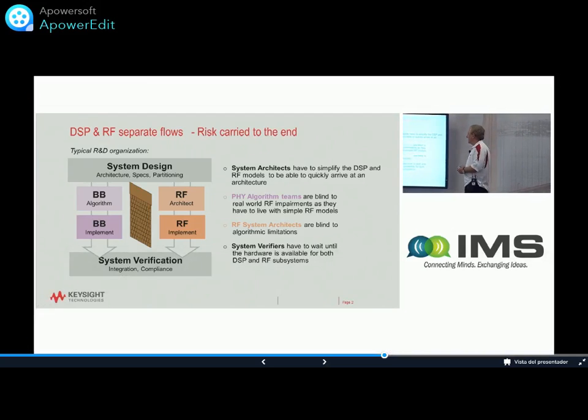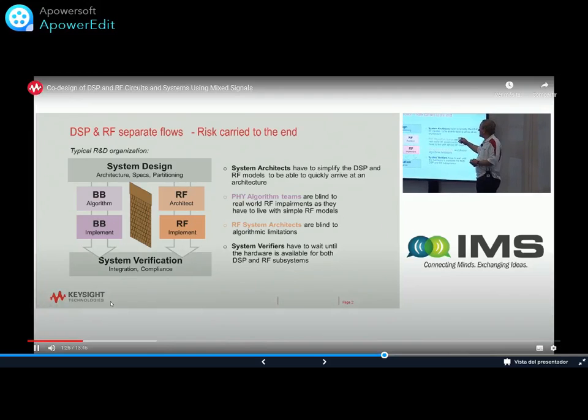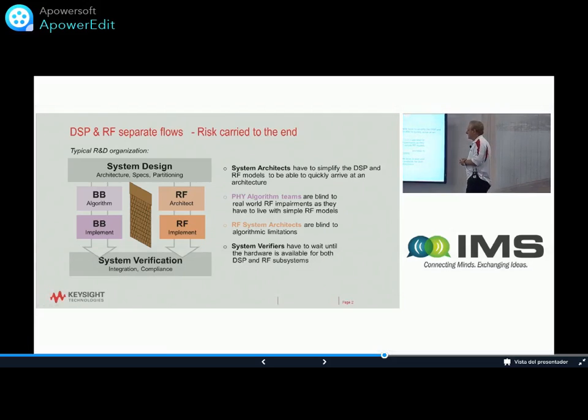In an organization that is able to speak, the algorithm guys, radar signal processing, for example, or in 5G, the communication signal processing, have a hard time taking into account RF impairments in the signal processing to know what it is that you can really get away with or what needs to be corrected.